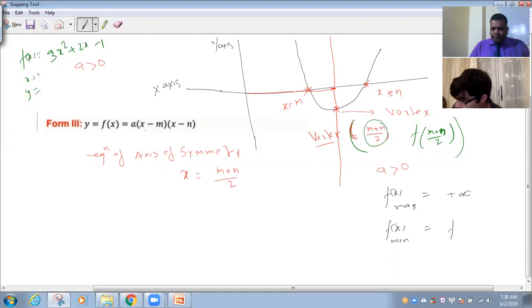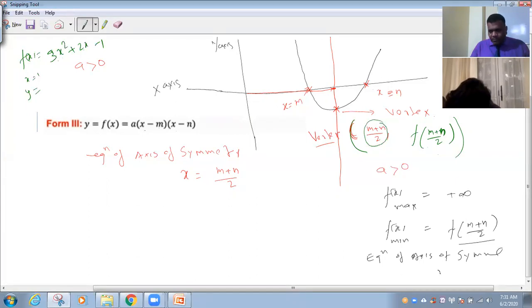The minimum would be in which form, in the intercept form? Obviously in this form, this is going to be the minimum value. What is the equation of the axis of symmetry? x is equal to m plus n over 2, right?